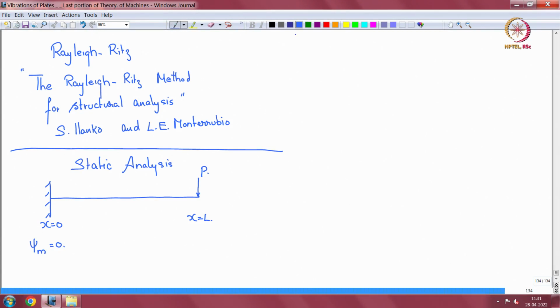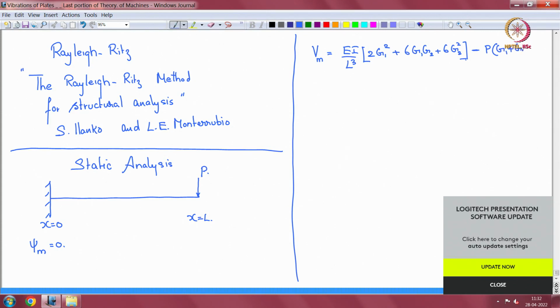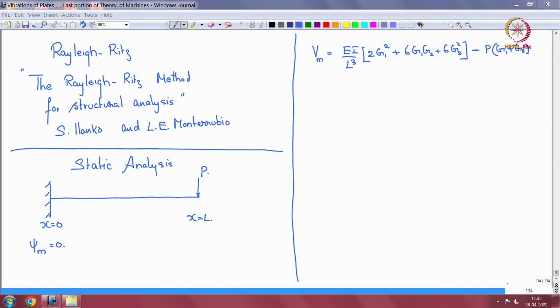Then the potential energy term now has E I by L cube, as it was there before, 2 G1 square plus 6 G1 G2 plus 6 G2 square, and the external energy comes as a minus P times G1 plus G2, as it is applied at the end.